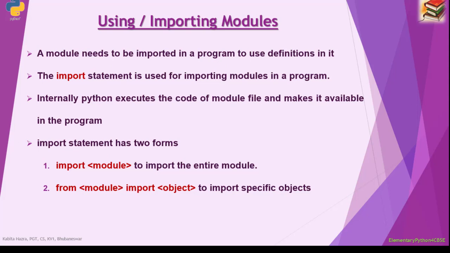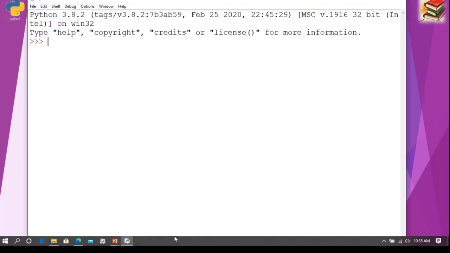Let us see an example of these two forms of using modules. To import the math module, we have to write import math. Okay, now we have imported the math module, but how can we use that?